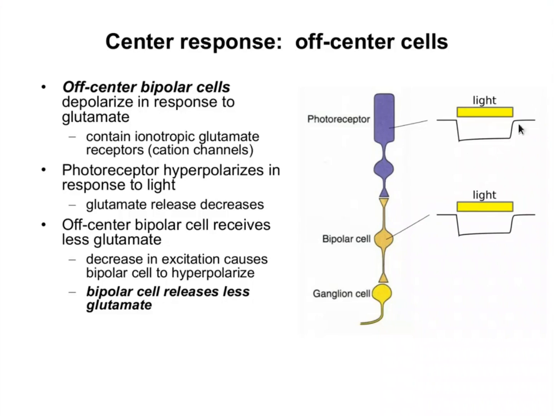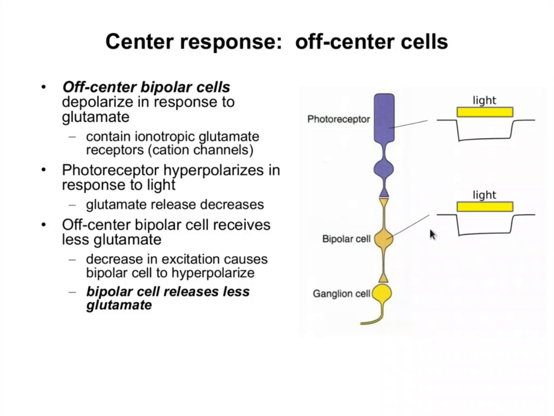If we stimulate the photoreceptor with light to cause a hyperpolarization, the off-center bipolar cell is going to receive a smaller glutamate stimulus, so its membrane potential will actually hyperpolarize. It loses some of the excitation that it normally receives in the dark.